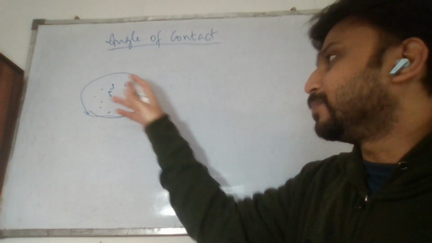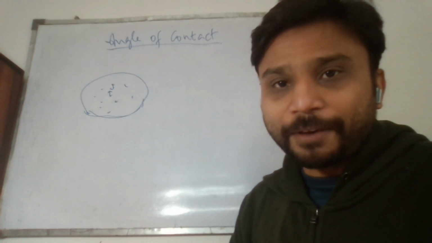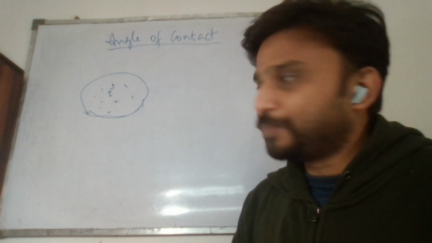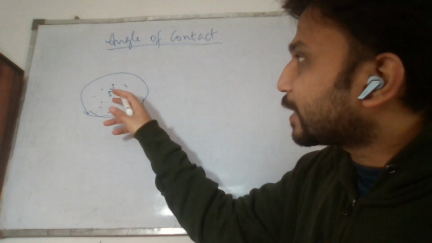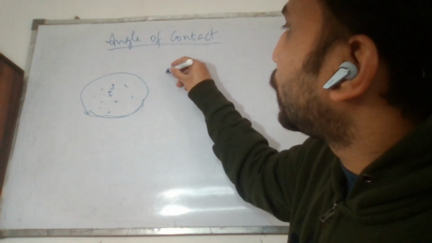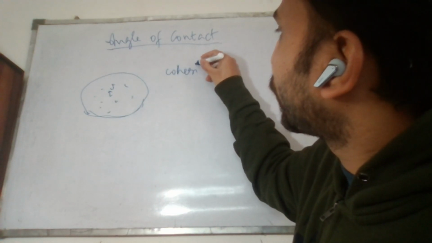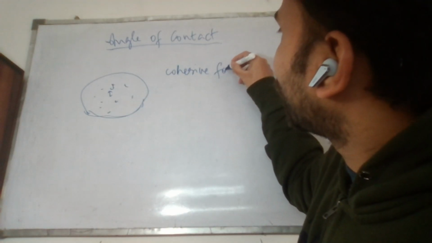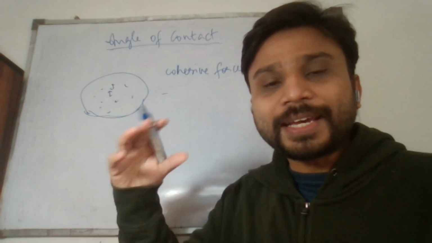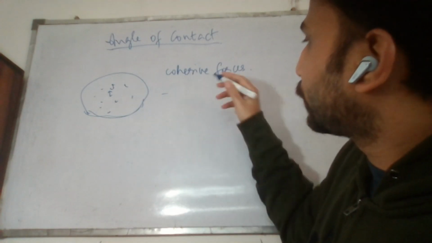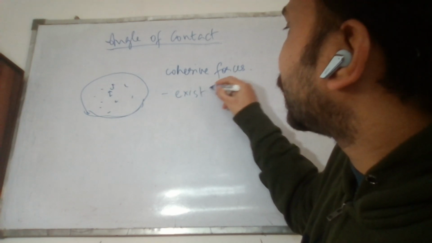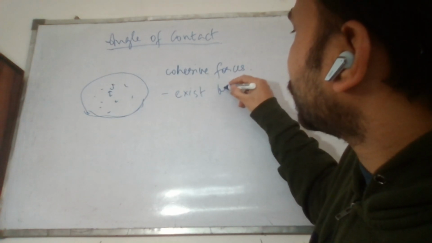But here, these are the intermolecular forces we have, which means this is a liquid phase only. These kinds of forces in this phase are called cohesive forces. They exist between particles of the same kind.